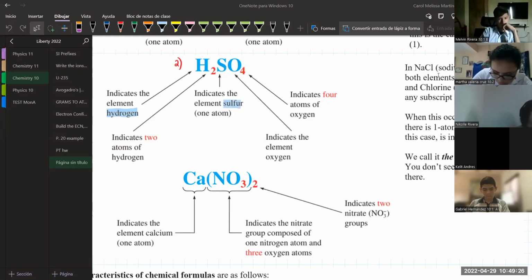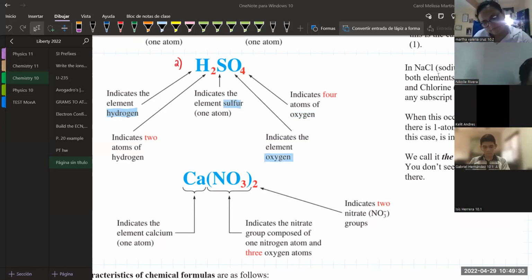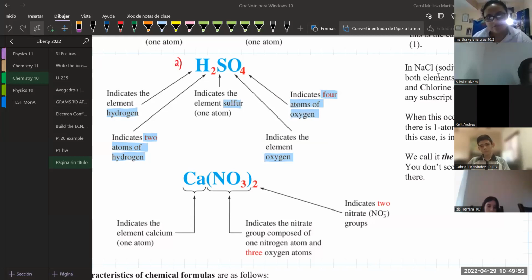The O is oxygen. And what is in red tells you the number of atoms. For hydrogen, I'm going to have 2 atoms. For sulfur, because it is invisible, you already said, it's going to be 1 sulfur atom. And for oxygen, the subscript 4 indicates that we have 4 atoms of oxygen.